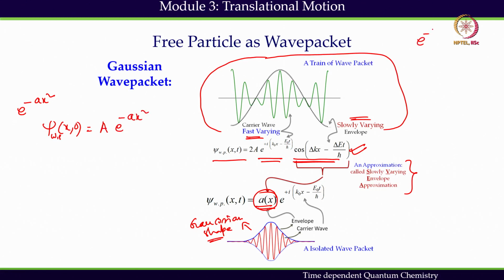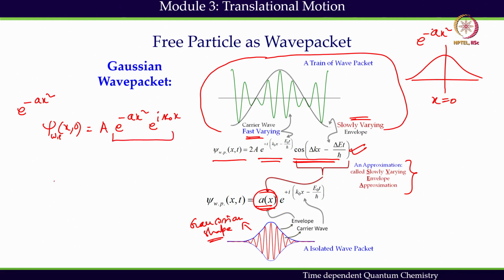E to the power minus a x square is the Gaussian function, which is centered at x equals 0. So, this is the Gaussian function, but this will not move. This will move only when I include the plane wave part also, e to the power i k naught x.